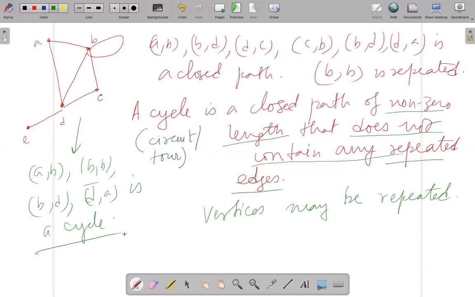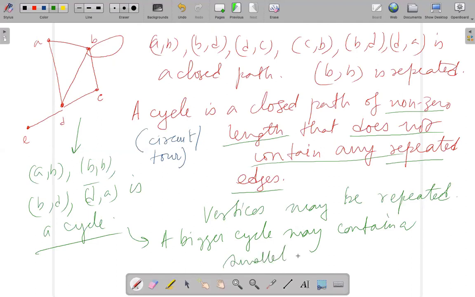And you see from this example, it is apparent that a bigger cycle may contain a smaller cycle. For instance, in this example, this cycle AB, BB, BD, DA has a smaller cycle BB.